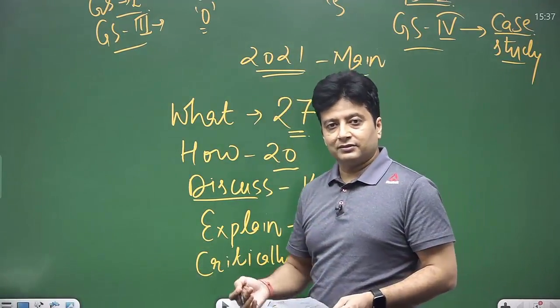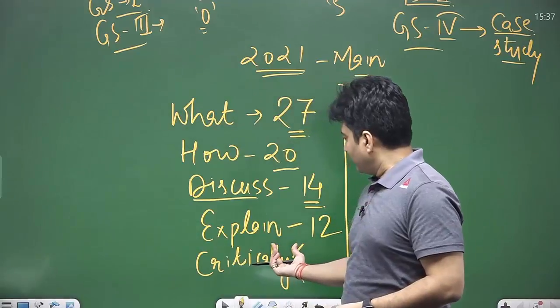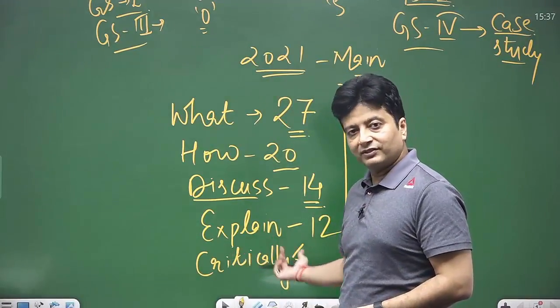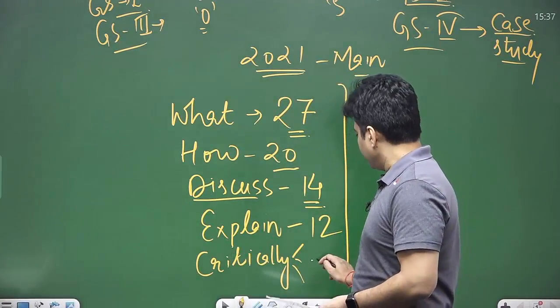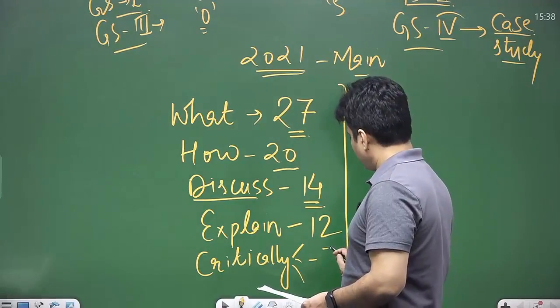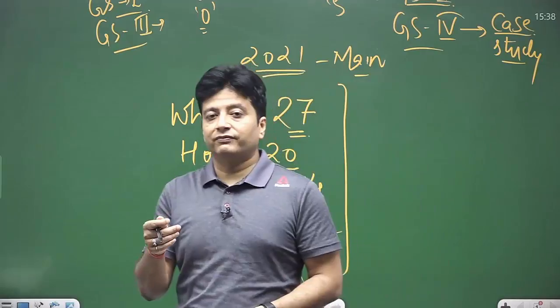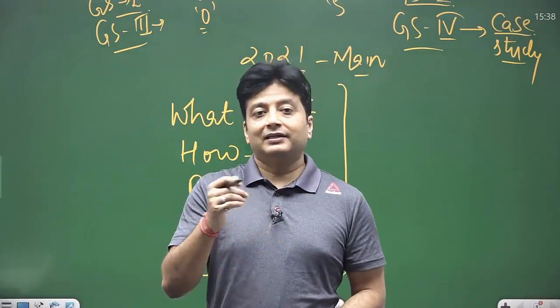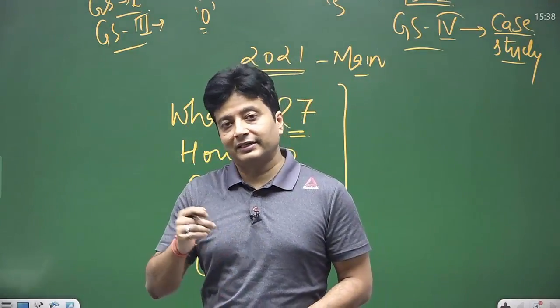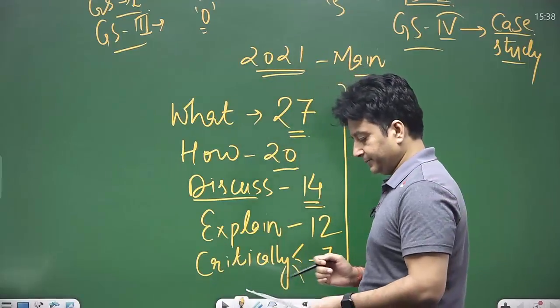Critically evaluate. So many, it can be used as a prefix for some of the suffix words. So the word critical was used 7 times. Now this is another question, what is the difference between comment and critical evaluation or critically analyze? We have to see that.